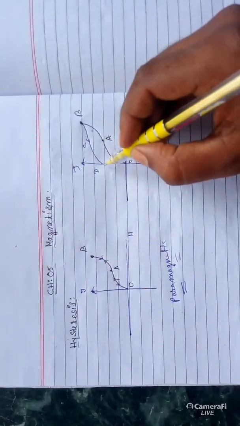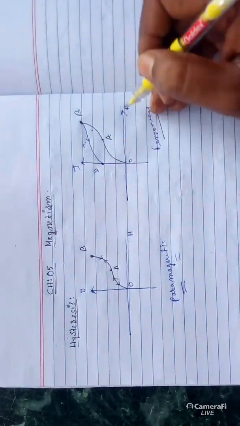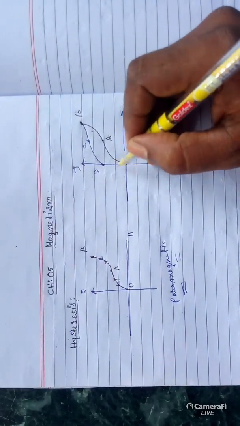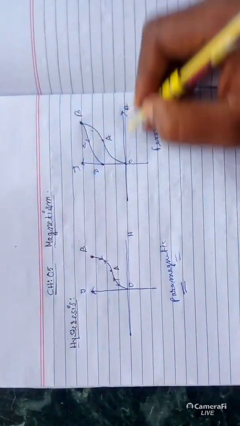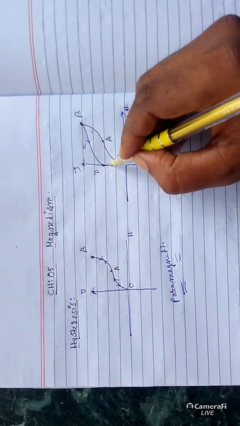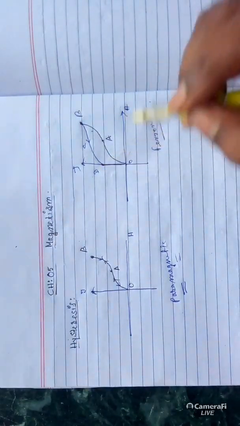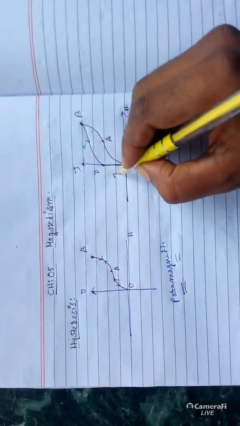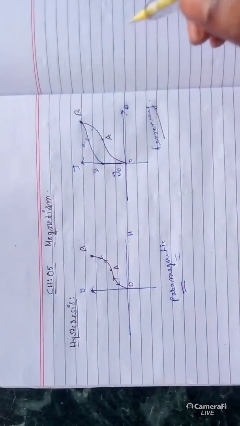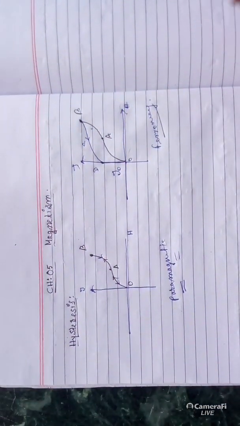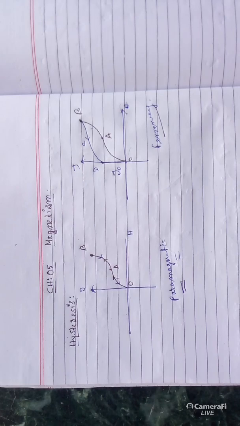Now notice here, when it comes to this point, H becomes 0, but there is still magnetic property in this material, known as J naught, and this J naught is known as the retentivity of the material. Clear? Now, what is hysteresis?